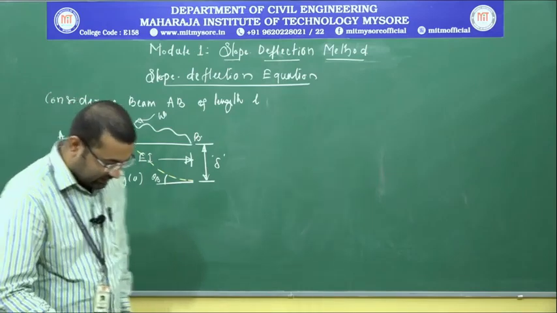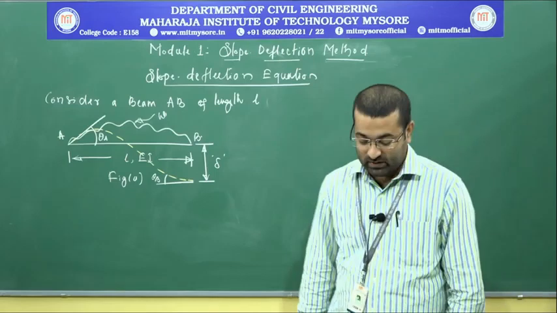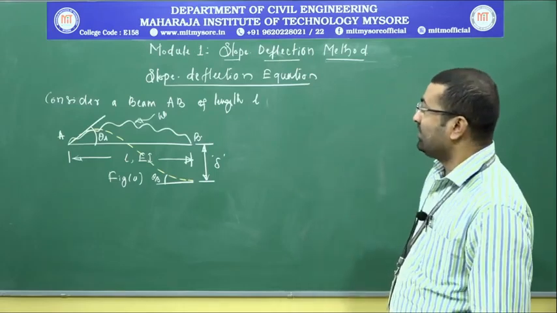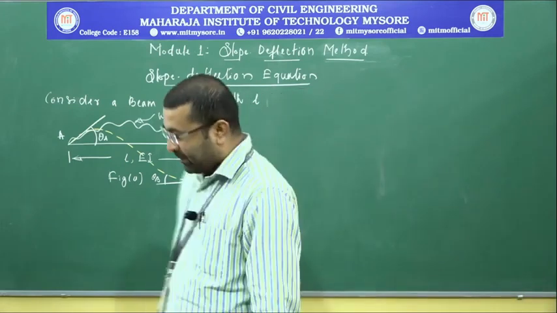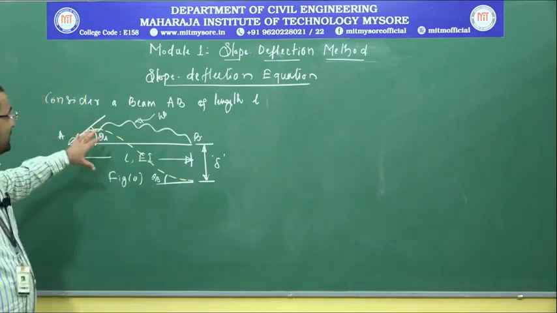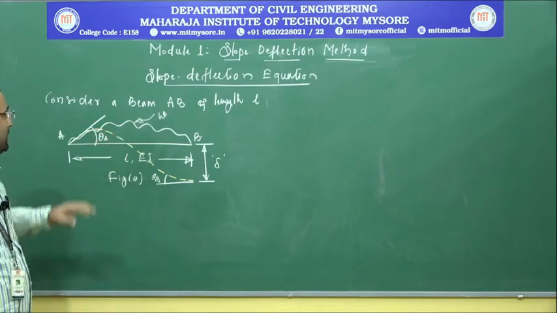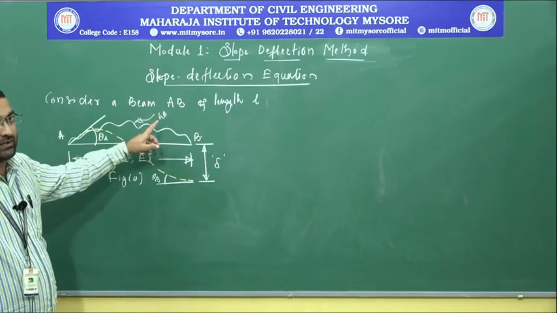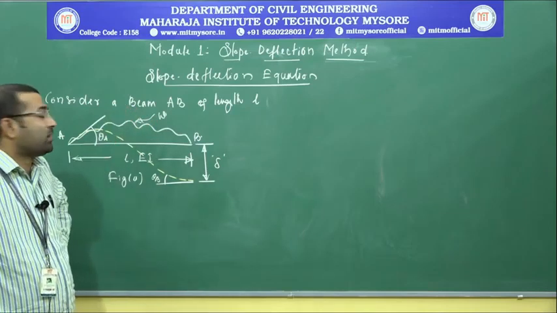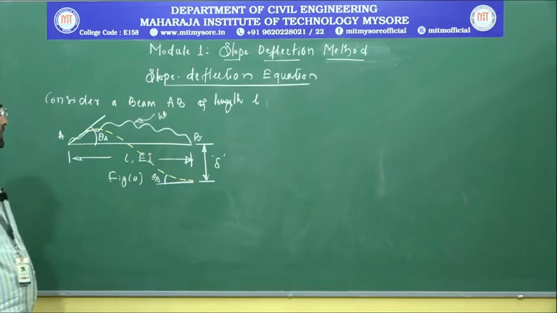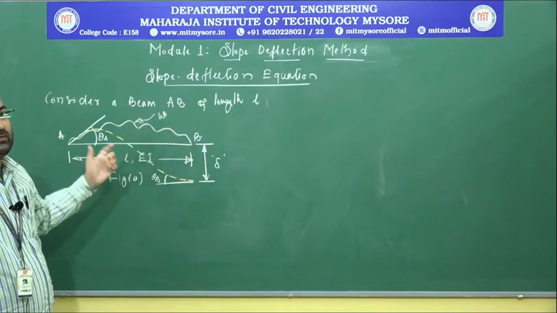If you see this beam carefully, there are many different types of possible displacement which may occur in a beam, which finally lead to the development of the bending moment. Now, I can see that this beam is developing the bending moment for many reasons. The first one is the loading condition. The loading condition may be anything, either a point load or a UDL or a UVL. Because of that loading, some bending moments are developing in the beam AB.